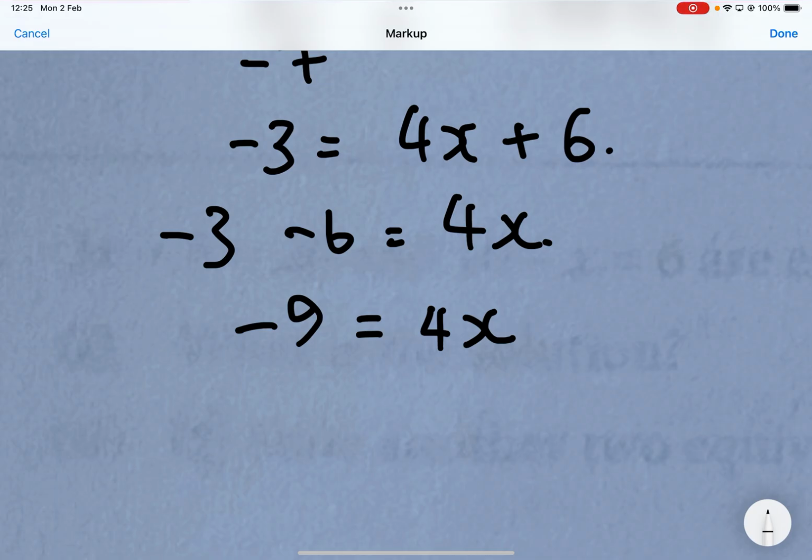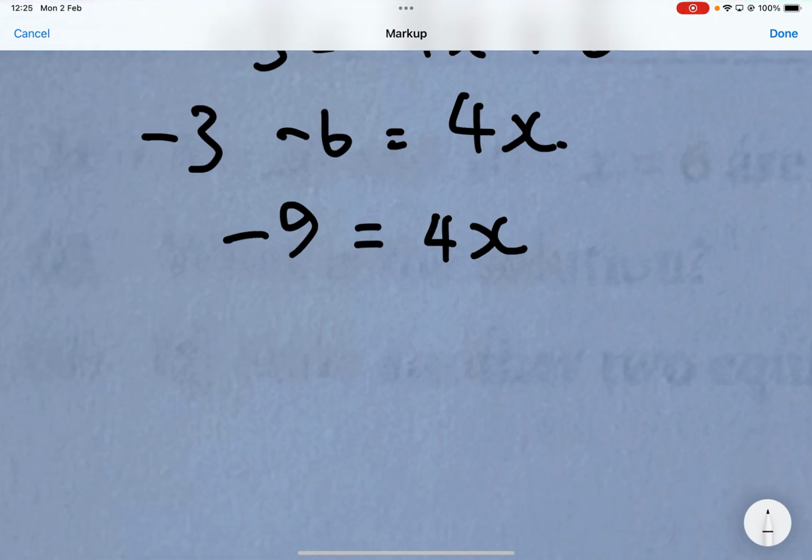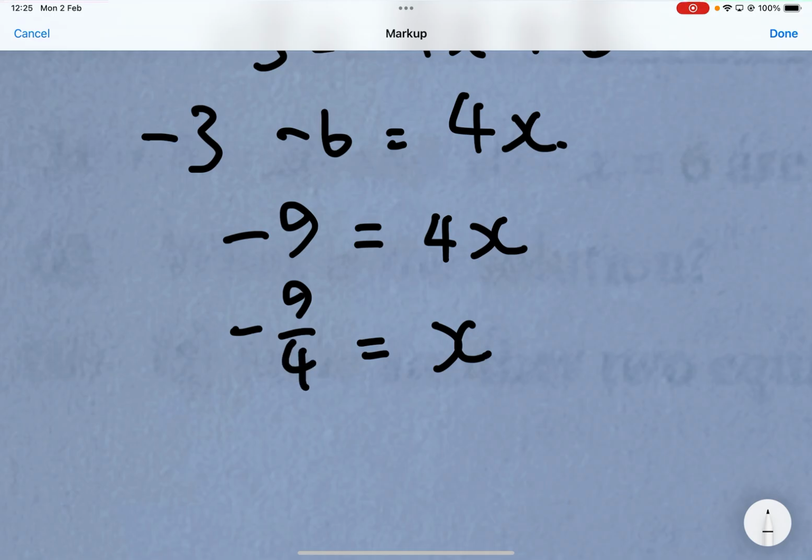When I reach this step, there are two ways to continue also. One way, I divide both sides by 4. If I divide by 4, I can get 1x already. This is what I want. x is negative 9 over 4. So if I get x is negative 9 over 4, I switch their places.